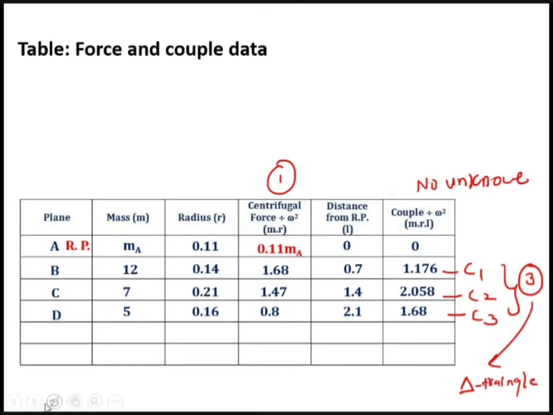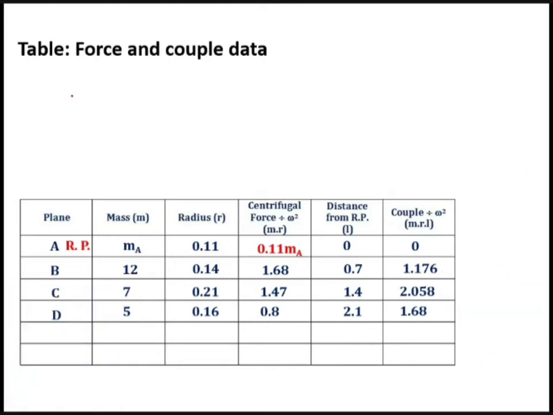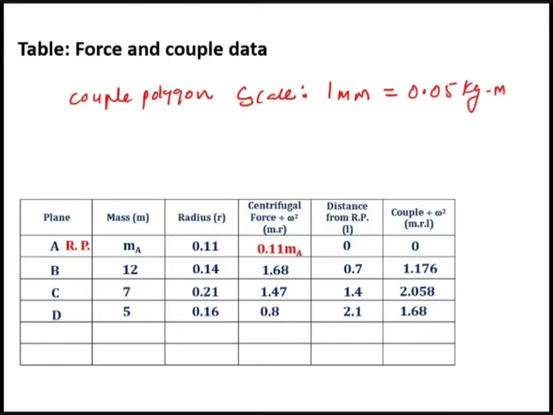So first of all, let us consider the scale for the couple polygon. Let us consider the scale as 1 mm is equal to, how much scale we will consider? It is 1.176, so we can consider 0.05 kg meter square.